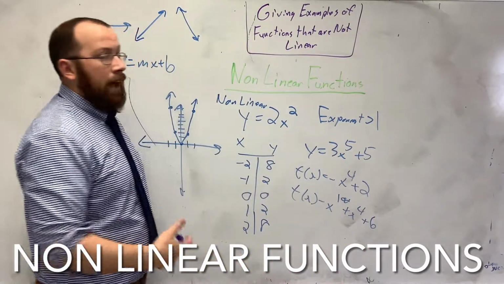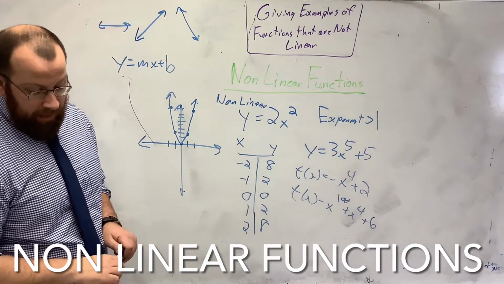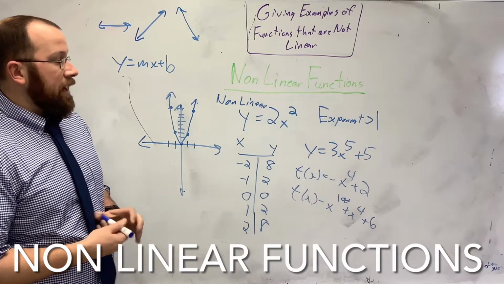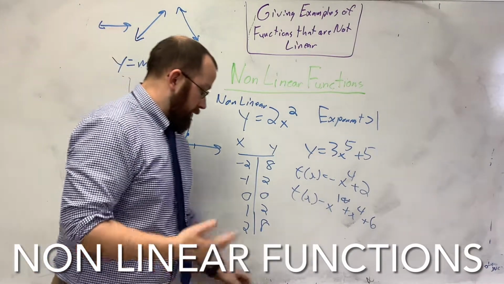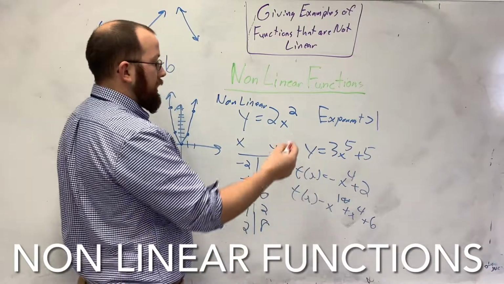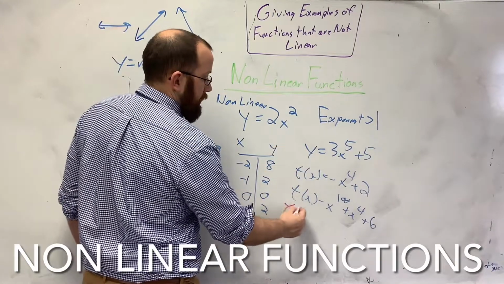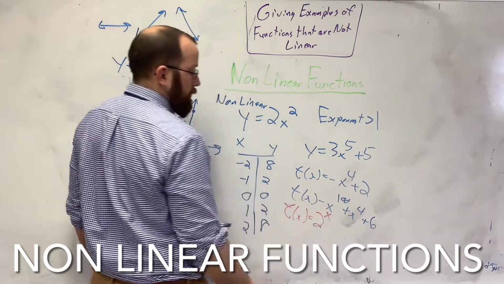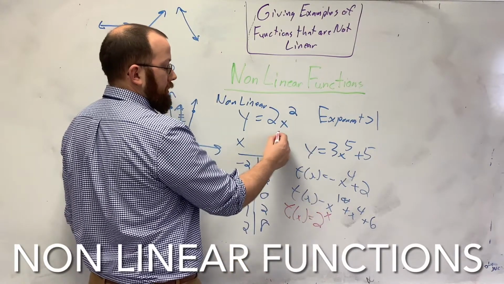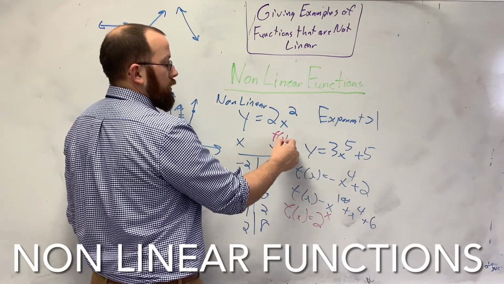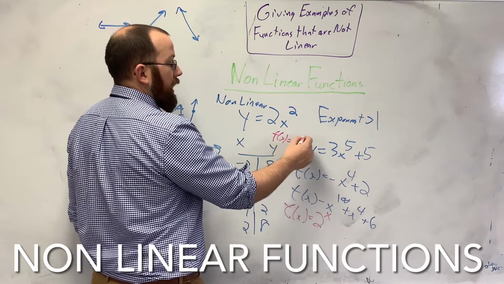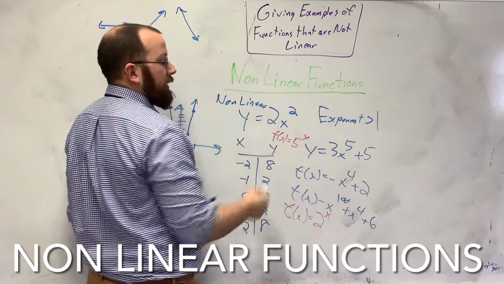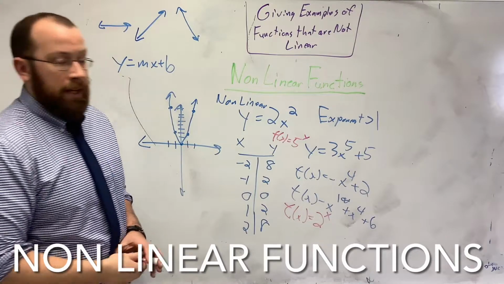Those are all nonlinears because they have exponents. Anything that has an exponent, even if the exponent is a variable, so 2 raised to the x, or 5 raised to the y, those are called exponentials.